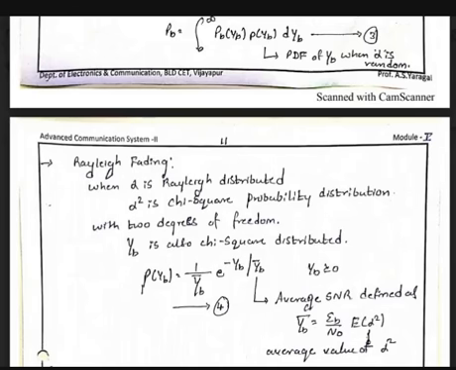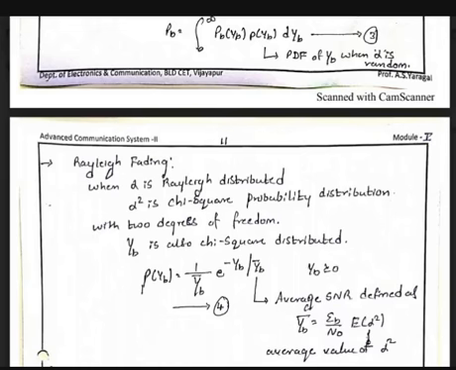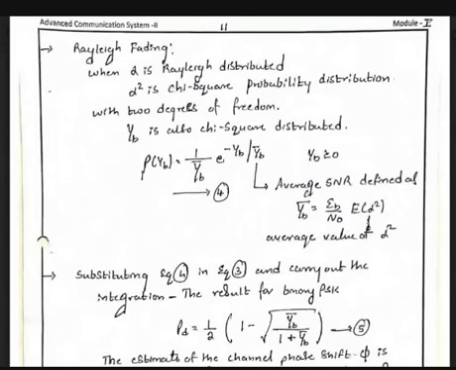So how can we write the PDF of the signal to noise ratio in Rayleigh fading? The probability of gamma b is given by 1 divided by gamma b bar, e raised to minus gamma b divided by gamma b bar.